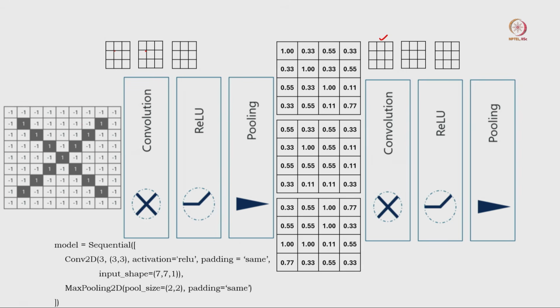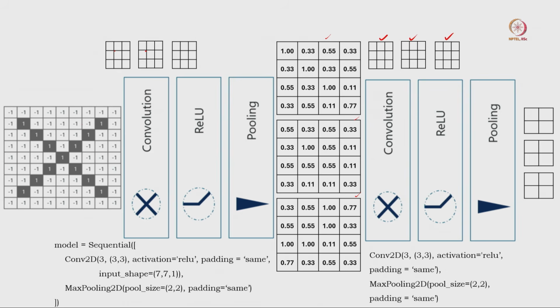The second kernel will be passed through all these 3 matrices, you will get 3 such values, and you will add them. The third kernel will be passed through all these matrices, you will perform the convolution operation, get 3 such values, add them and then place it. And we know pooling will reduce the size. Therefore, in the end you will see that there is a reduction in the size.